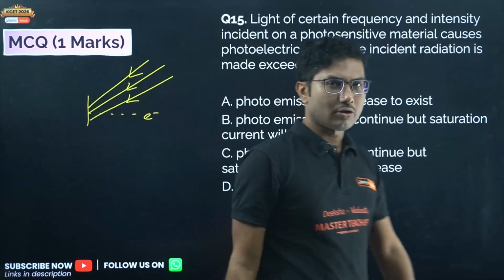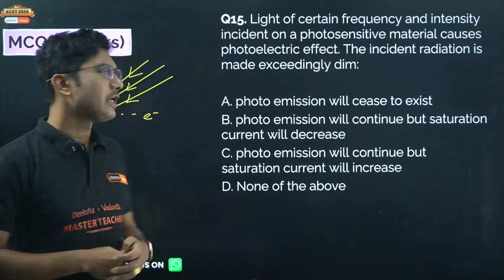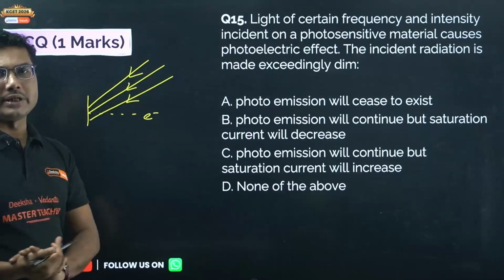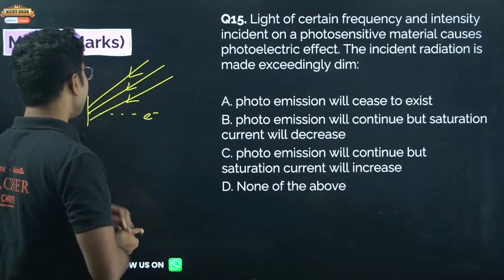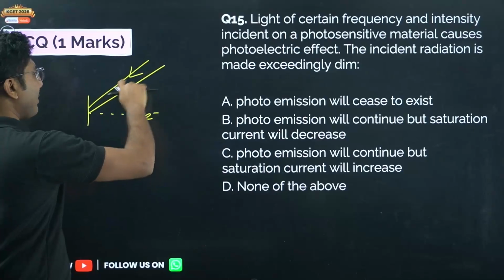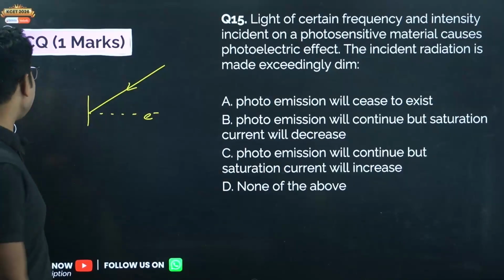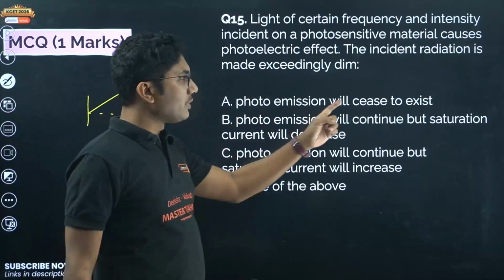That is called the photoelectric effect. In the photoelectric effect, light is falling on a surface, and in return we are getting some electrons out of the surface. Now suppose you make the source exceedingly dim. That means you decrease the intensity of the light. Then what will happen? Photoemission will cease to exist?